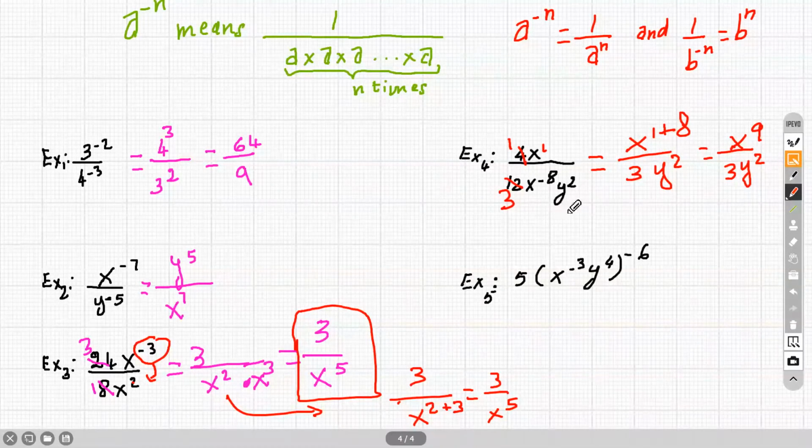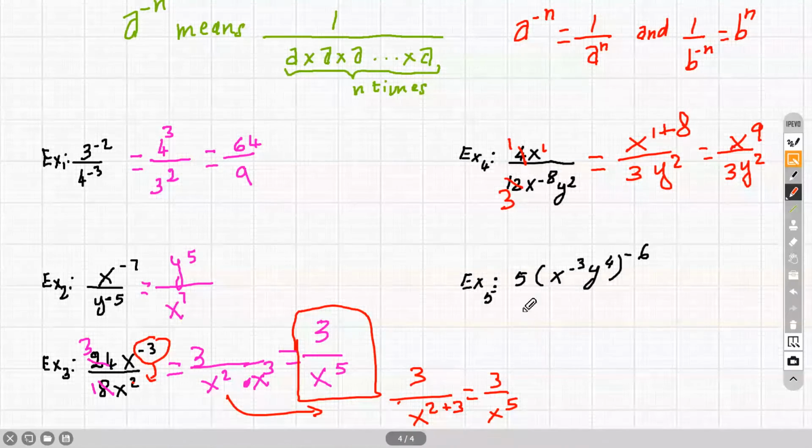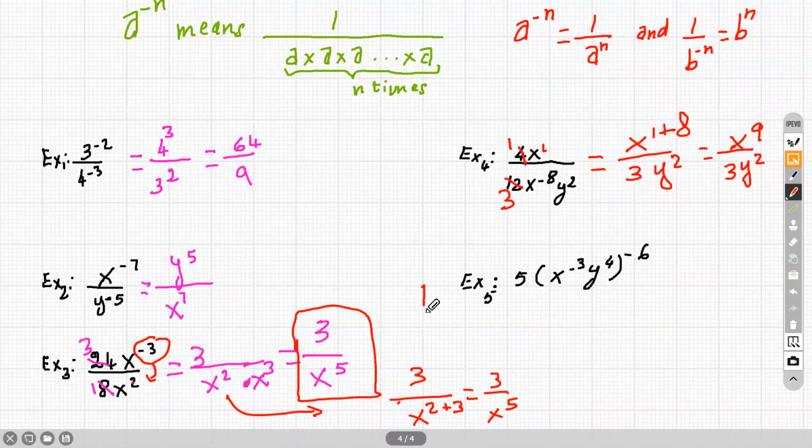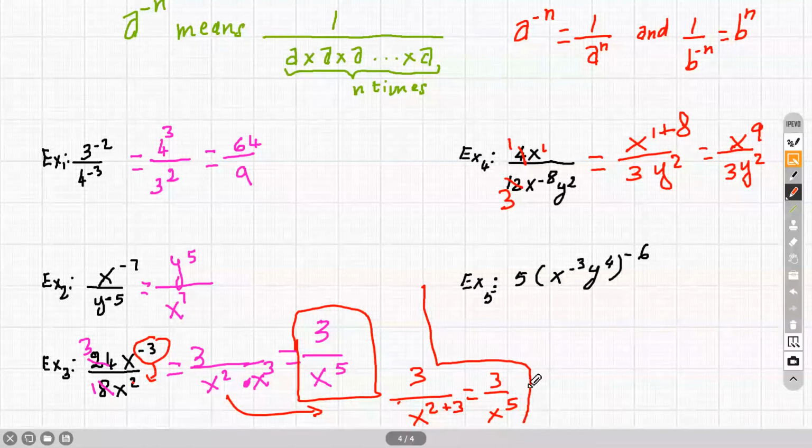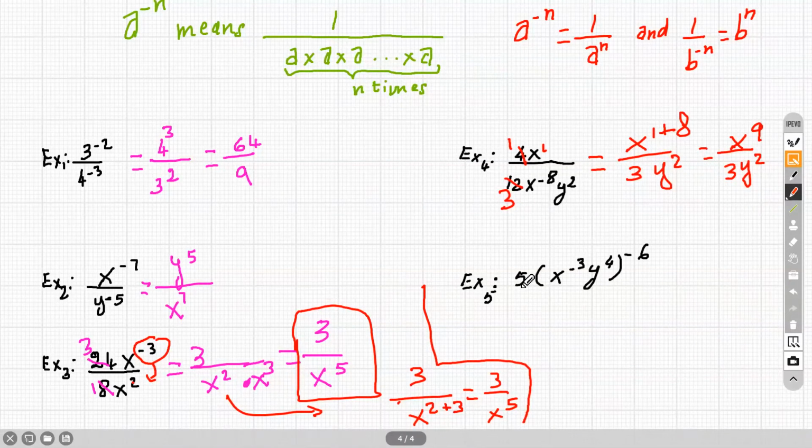As always, before you do any of these problems, make sure that you pause the video and try it first before you see the problem solved. Here is example number 5. Now this 5 is not in the parentheses. That means it's not affected by this exponent right here.